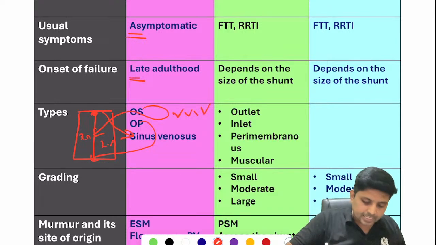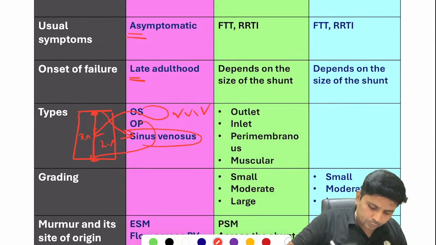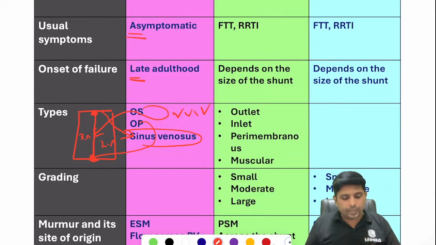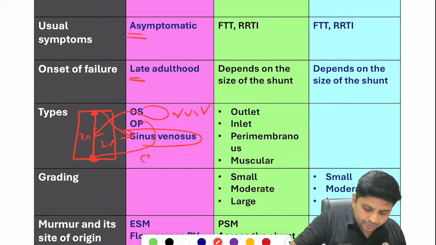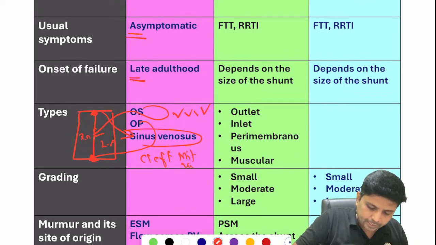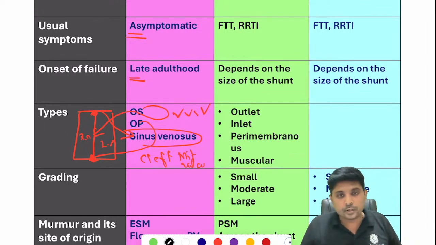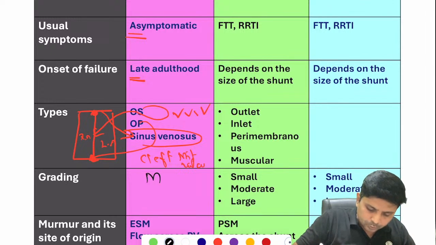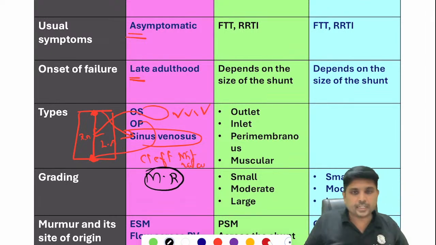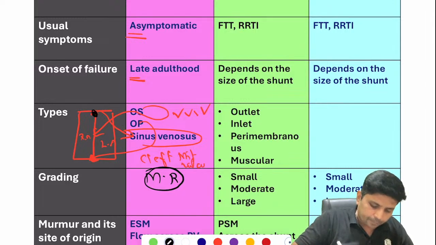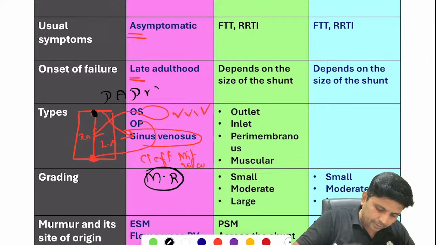Okay, the ostium primum type is closer to the atrioventricular canal, so it can be associated with cleft mitral valve. Cleft mitral valve can be associated with mitral regurgitation. Whereas your sinus venosus type can be associated with partial anomalous pulmonary venous connection.